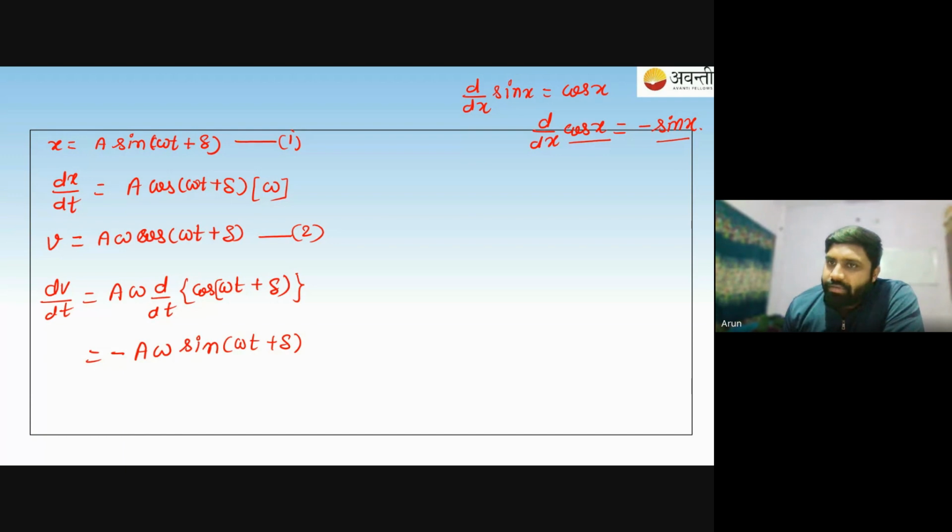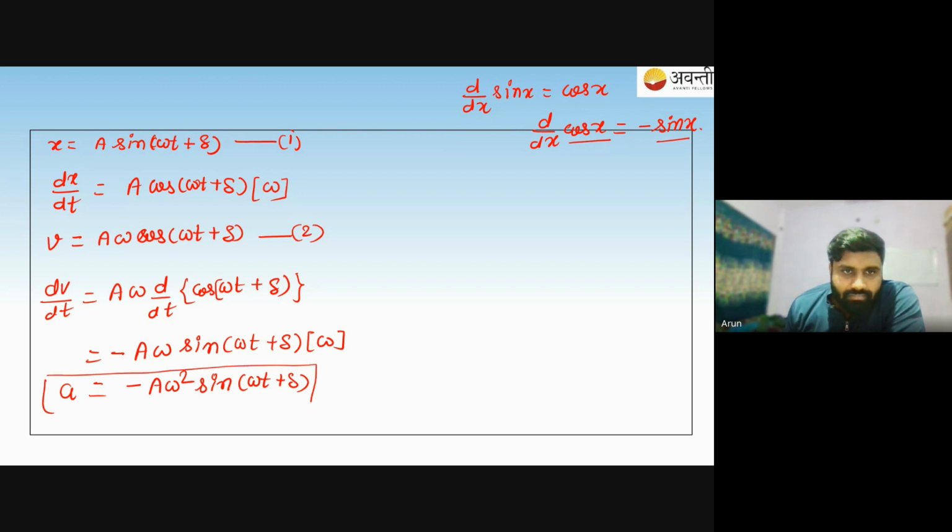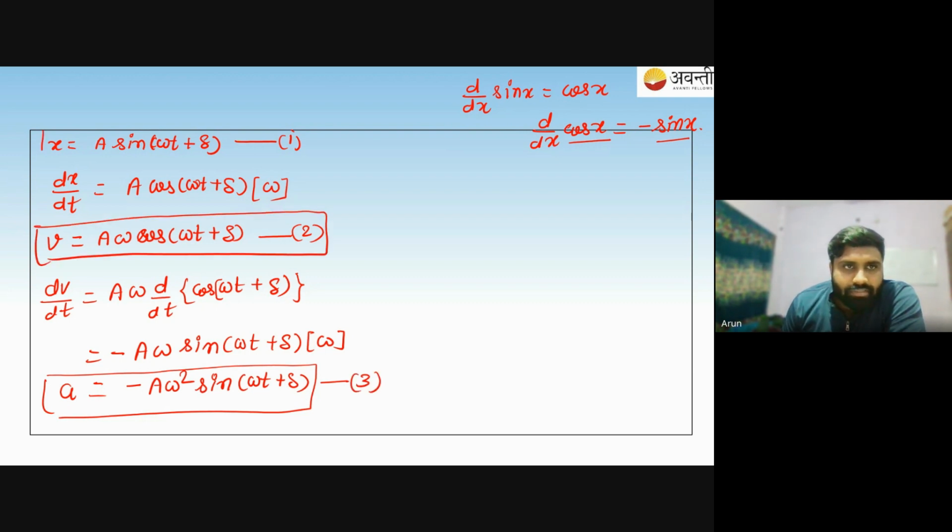But this omega t plus delta will also be differentiated, so it will give omega, because differentiation of delta will be 0. So it will become minus a omega square sin(omega t plus delta). This is nothing but acceleration. This is equation number 3. So, three equations you have got.